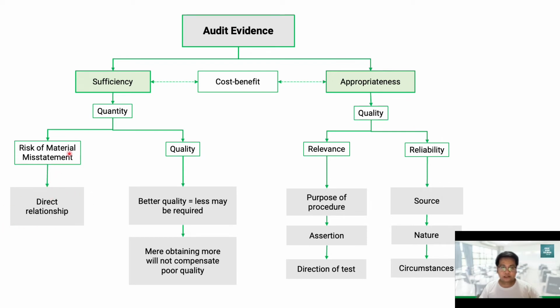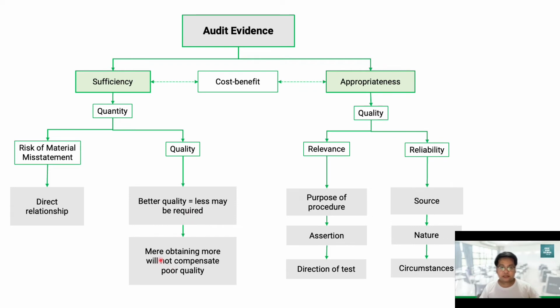So higher risk, more quantity. Lower risk, less quantity. And the quantity also has a relationship with quality, but not necessarily direct. Because if the quality is better, then less evidence may be required. But the opposite is not true.